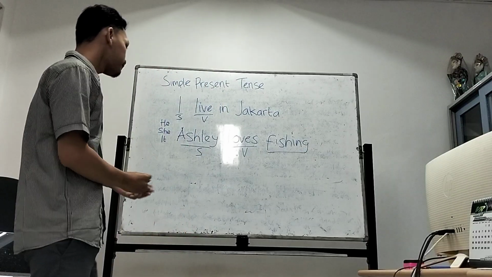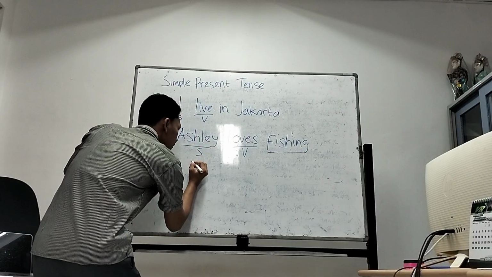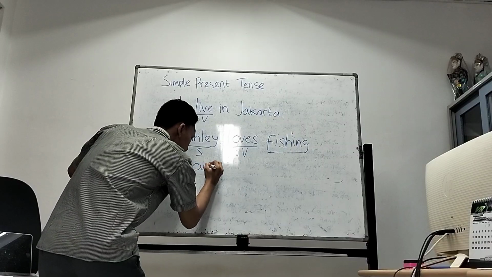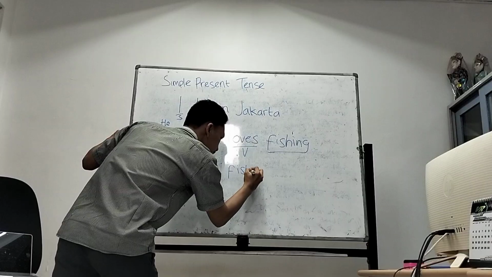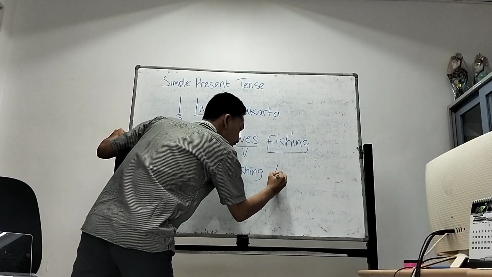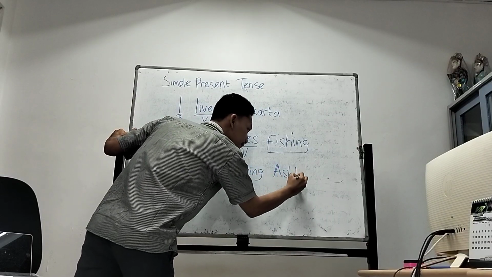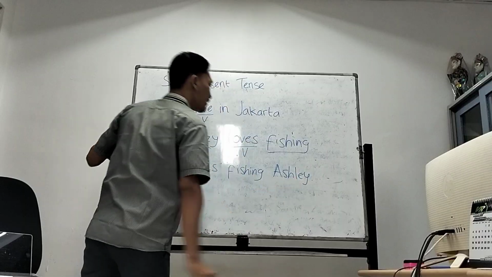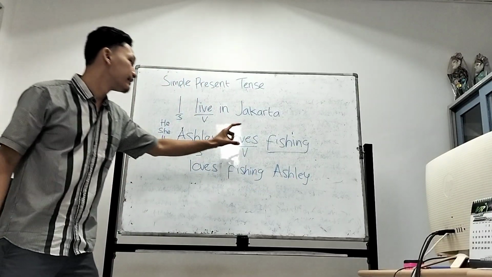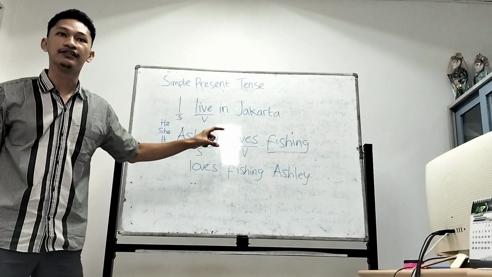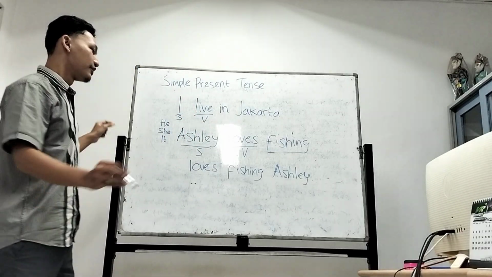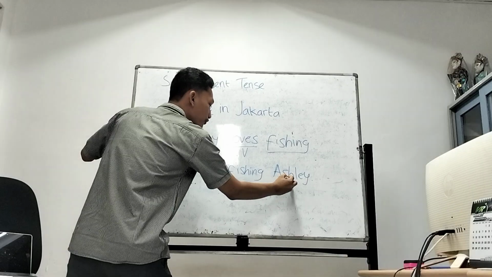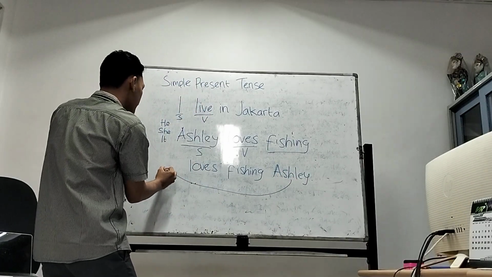For example, loves, fishing, Ashley. Yeah. So we need to put these words in order, so that the sentence is clear and makes sense. To do that, we need to move Ashley to the first part of the sentence.